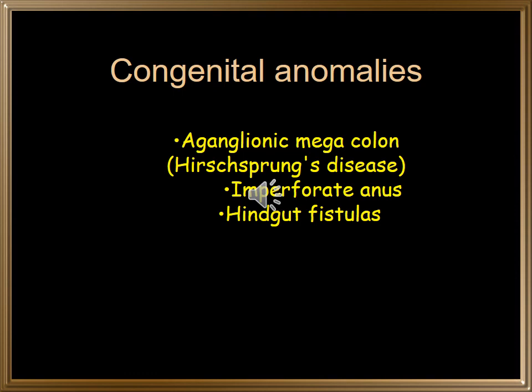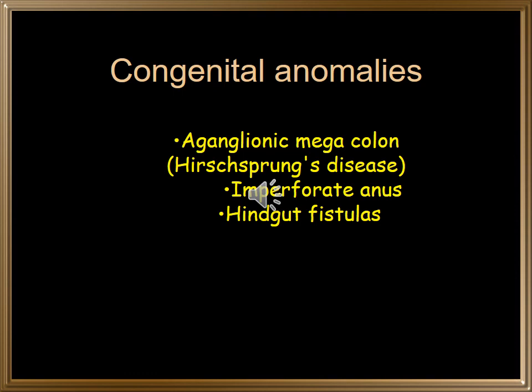And since the cloaca is dealing with two different systems altogether, one is urine and the other is the intestinal contents, let us say stools or meconium as it is called in the embryo or in the fetus.